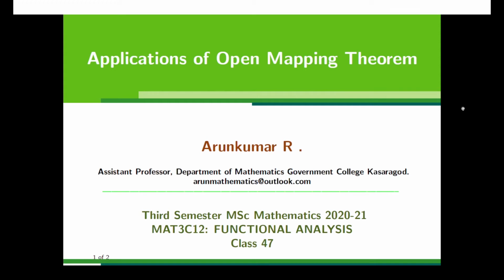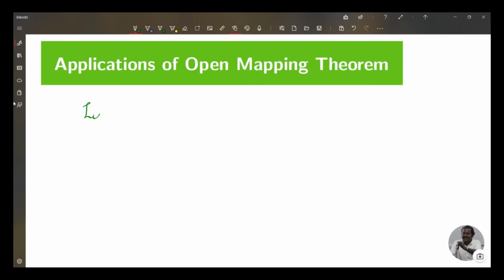In today's class on functional analysis, we are going to discuss applications of the open mapping theorem. Let X and Y be Banach spaces and f belongs to BL(X, Y).